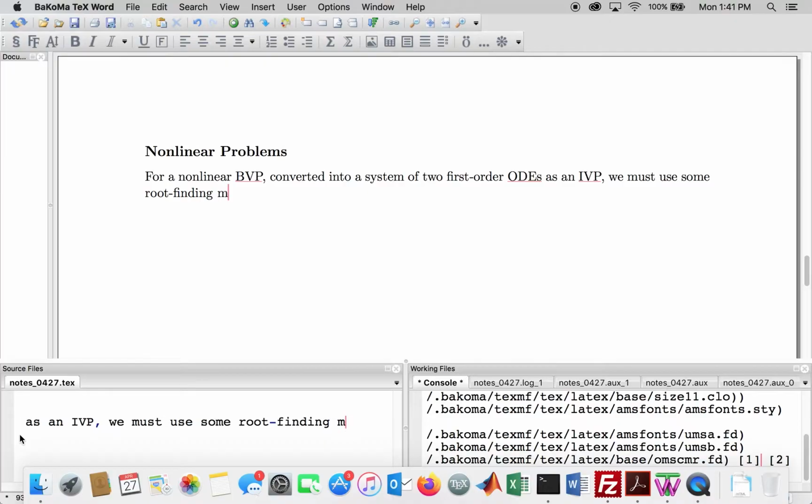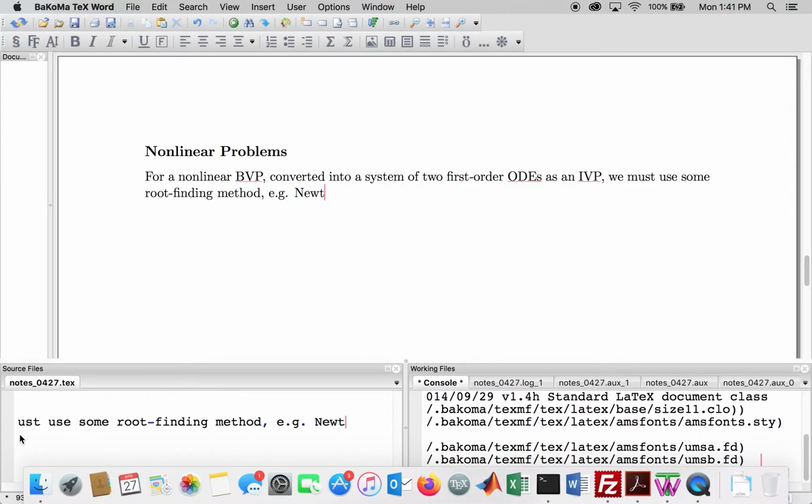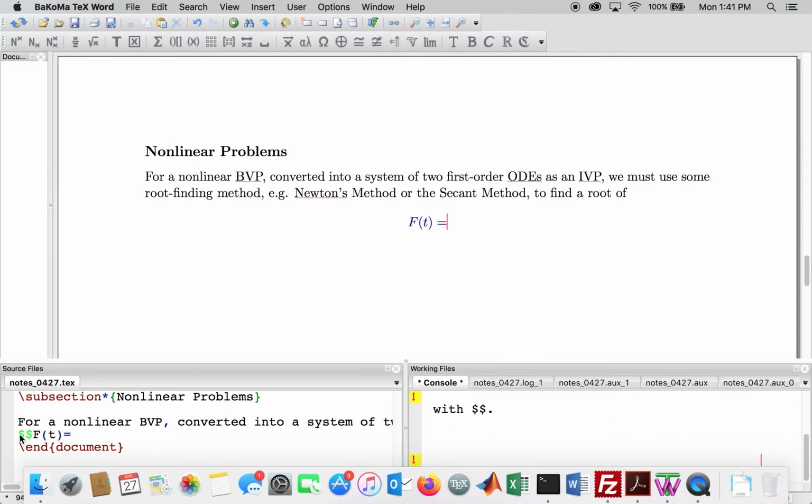Let's use some root finding method, like Newton or secant method. The root of this function, f of t, equals y1 of b with parameter t, minus beta.